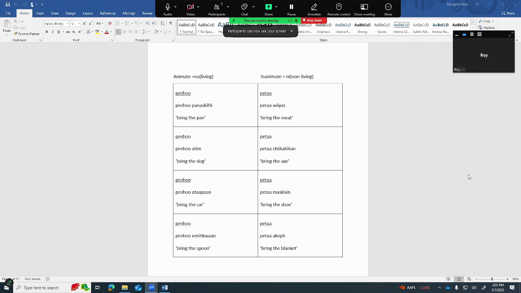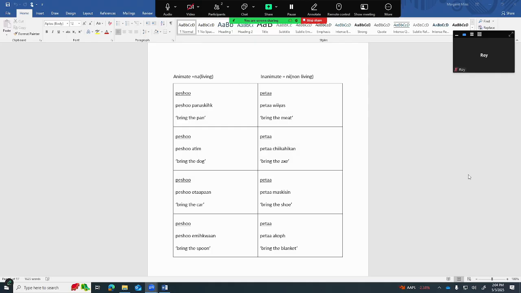The language has a structural rule that divides all nouns into classes called gender. One gender is called animate, which is all living things, and some things we don't usually think of as living. And inanimate, non-living things. We will learn more in the unit as we go.